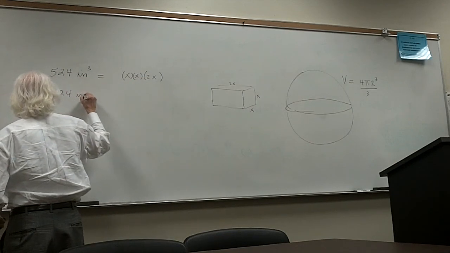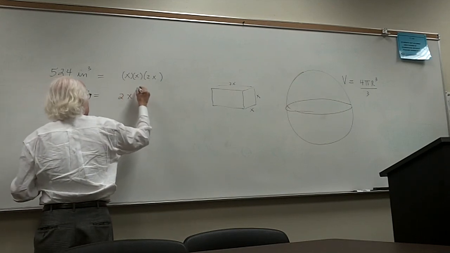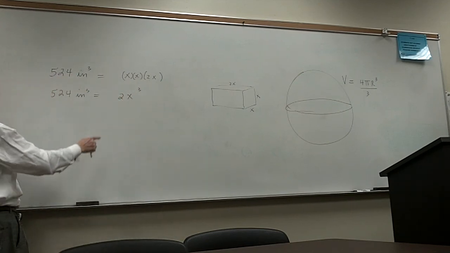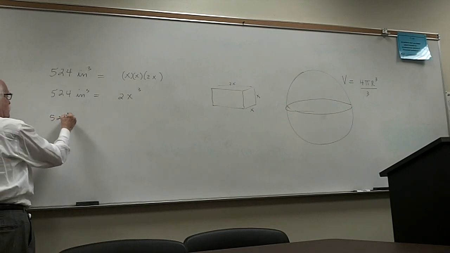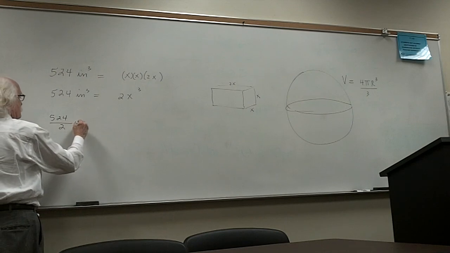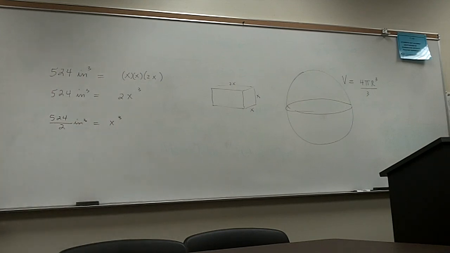524 cubic inches is equal to 2x cubed. If I divide by 2, I get 524 divided by 2 equals that, yes or no? 262. Close enough?